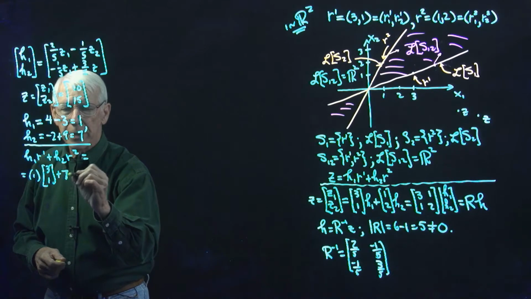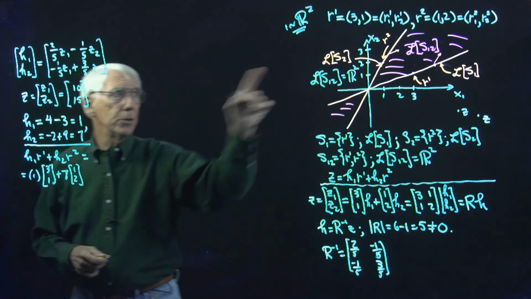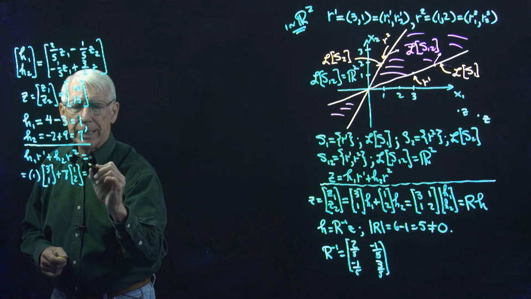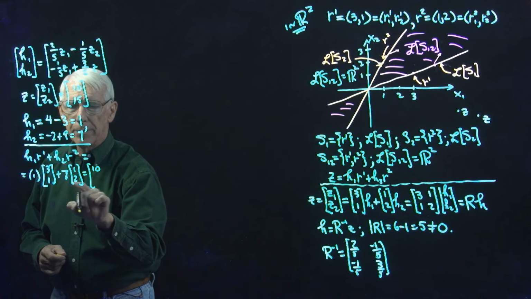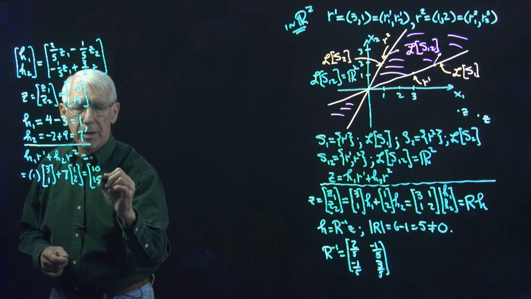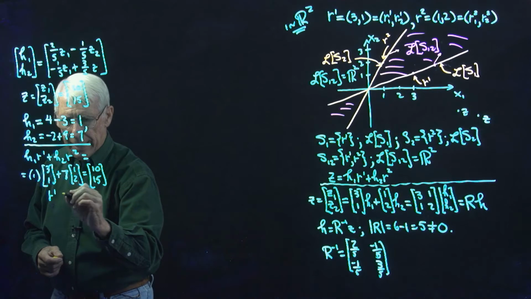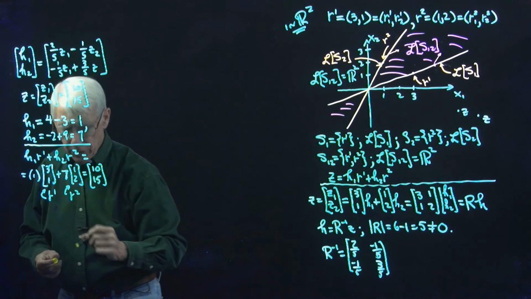Whoops, that's supposed to be a 7 there, folks. And this is times 1, 2, because 1, 2 is the R2 vector. And that's going to be 3 plus 7 is 10, and 1 plus 14 is 15. So I indeed get what I wanted to get. And of course, that's R1, and that's R2.